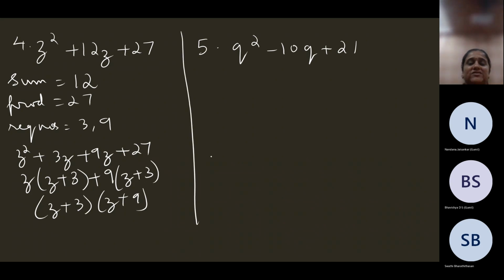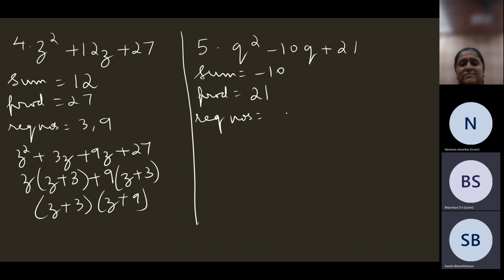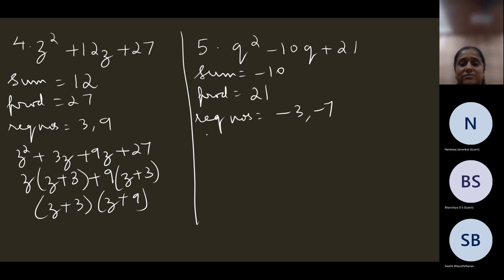Very good. Next one. What is the sum? Minus 10, ma'am. Product? 21, ma'am. Yeah, the required numbers? Minus 3 and minus 7. Very good.